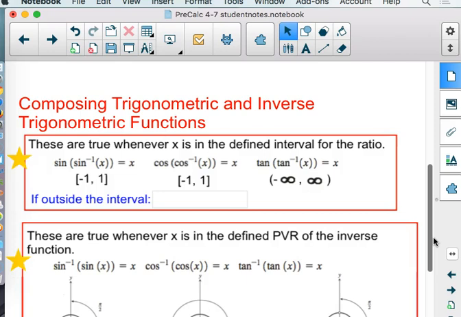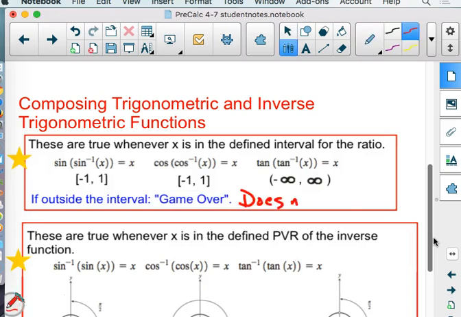It does not exist. So if it's outside the interval, game over. We write does not exist, which is basically saying can't do it. But not for tangent. Tangent can be anything. Opposite over adjacent.